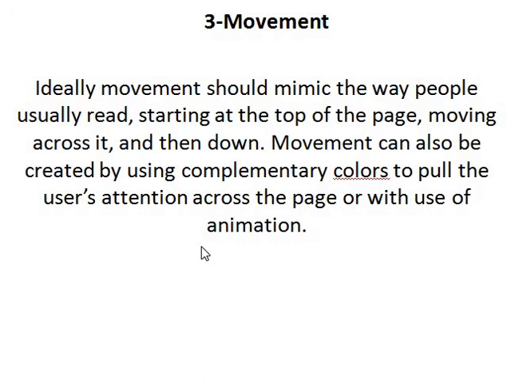That is our habit of reading, and we have a habit of viewing things horizontally, not vertically. Movement should start at the top of the page, move across it and then down. Movement of data should be like that.